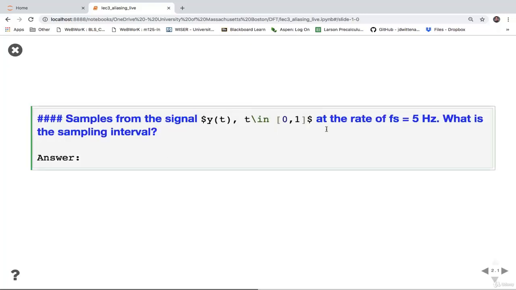Well, if we sample at a rate of 5 hertz, that means delta t should be 1 over 5, which is 0.2 second. So again, if we sample 5 times a second, then that means that we're sampling every 1/5 of a second. Every 0.2 second will give us 5 times a second. So this should be our interval between the sampling times.